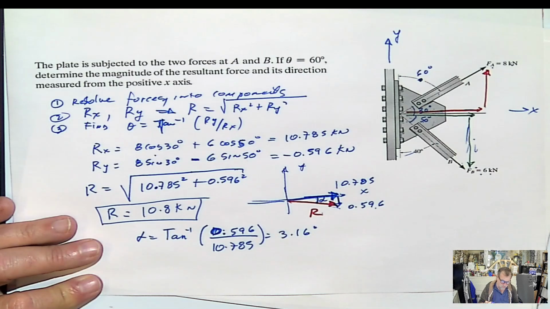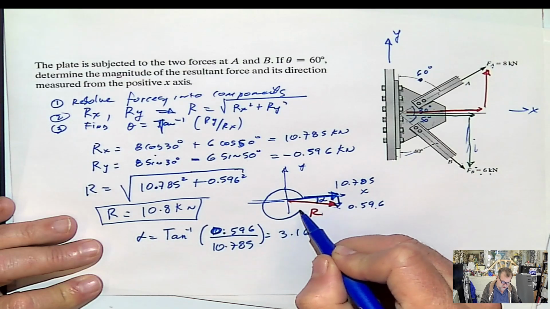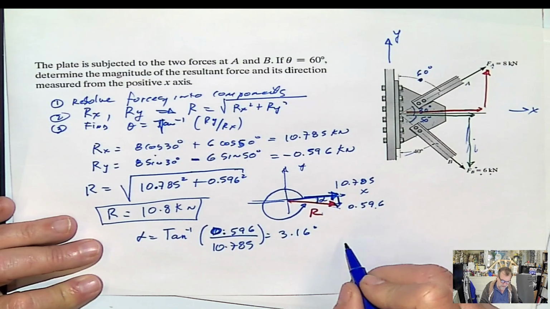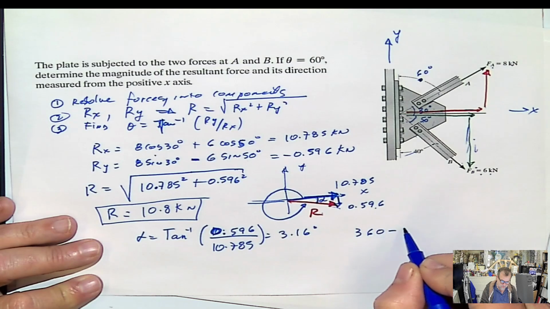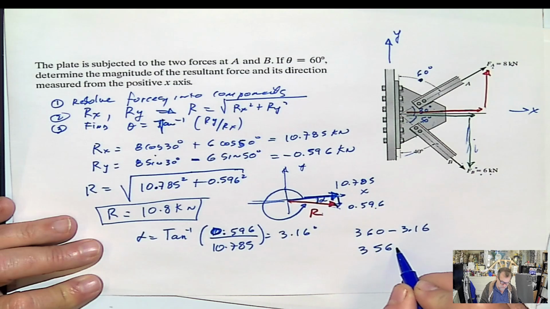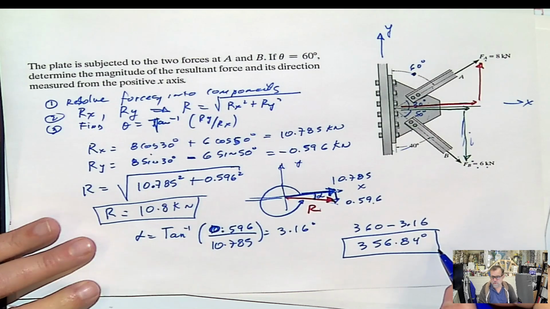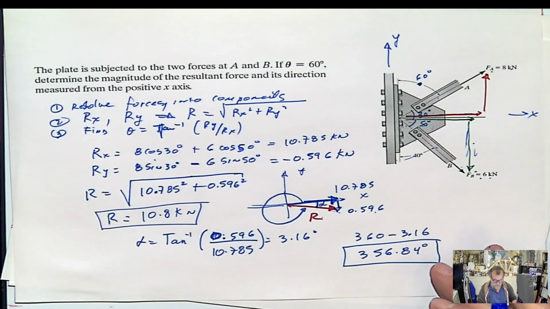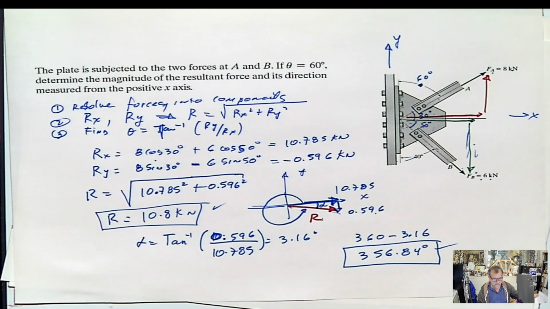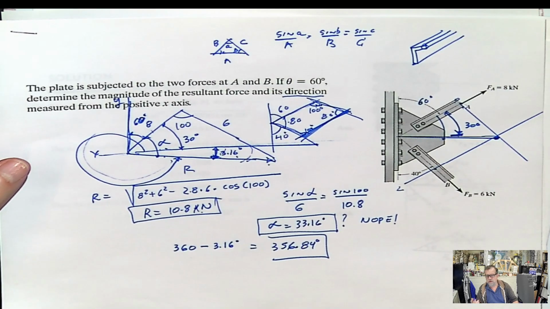Usually direction has to be measured counterclockwise from the positive x-axis, which will be that. And that will be 360 minus 3.16, and that's 356.84 degrees. That, in my opinion, will be the direction, and this is the resultant force, which is also what we got when we solved it using the parallelogram law.